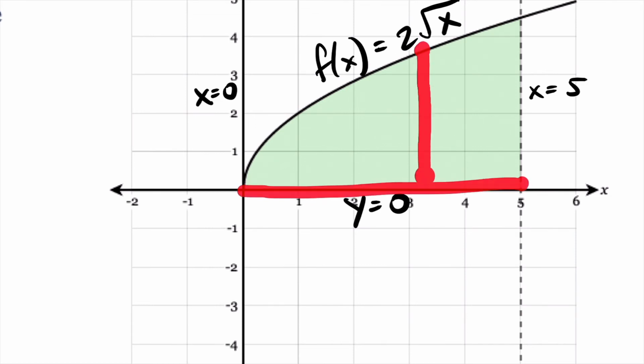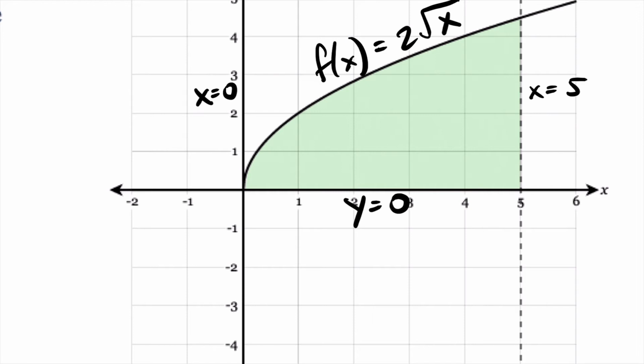But the radius is changing because this shape is curved. On a circle, the radius is the same everywhere because it's a circle. On a sphere, the radius is the same everywhere because that's the definition of a sphere, equal distance from the center. This one isn't. The radius here is over 4 units, and the radius here is 2 units. So the radius isn't going to be a number.